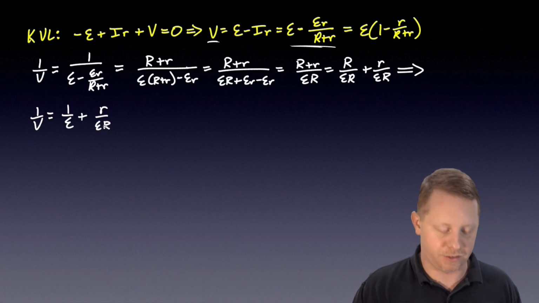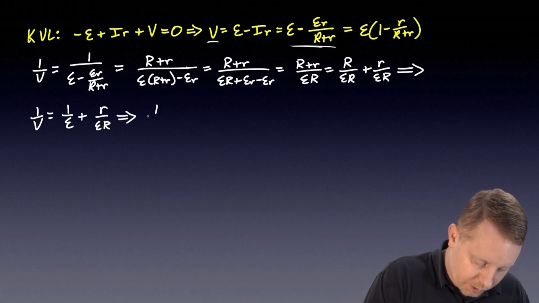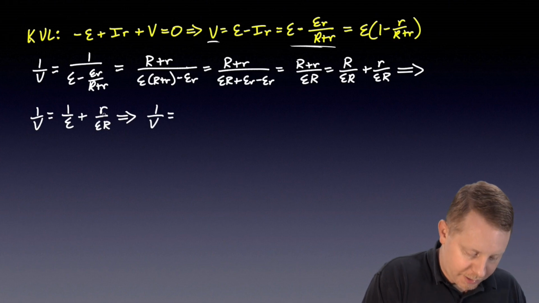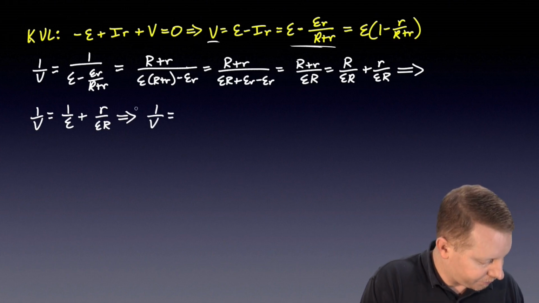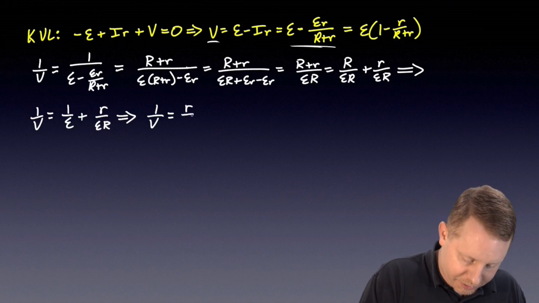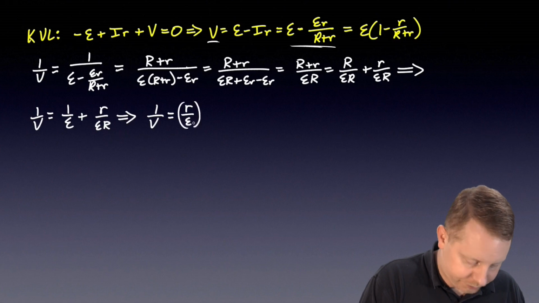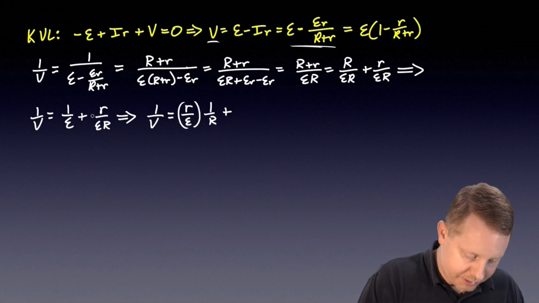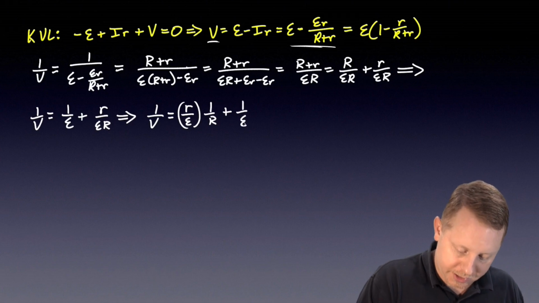Or if I rewrite this once more, 1 over V equals, and I'm just going to switch the order of these, r over ER I'm going to write as r over E times 1 over R plus, and I still have this 1 over E term.